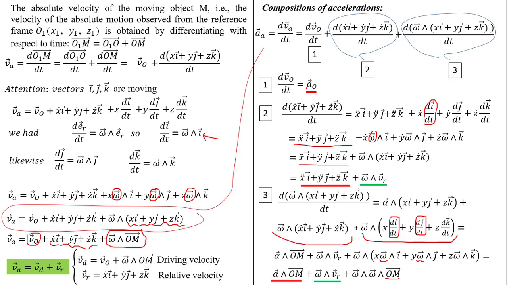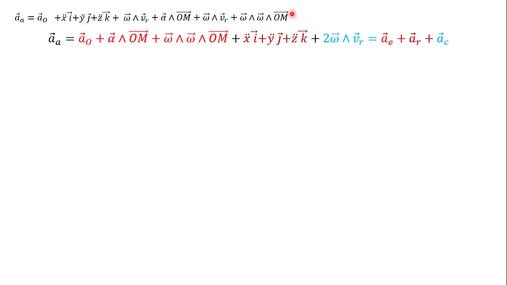So we will obtain 1, 2, 3, and we have also 4, 5, and 6. 6 terms added together.